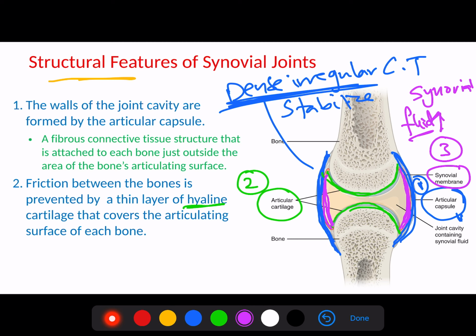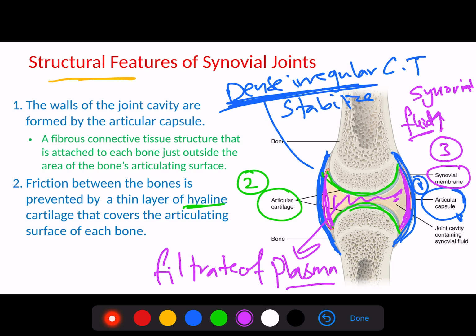And this fluid is important because it helps in lubricating the area and thus reduces the friction between the bones. Also, this is the medium in which all of the nutrients, oxygen, and waste are dissolved. However, this area does not contain any blood vessels. We can think of this synovial fluid as a filtrate of the blood plasma. Okay, so this is the third feature.